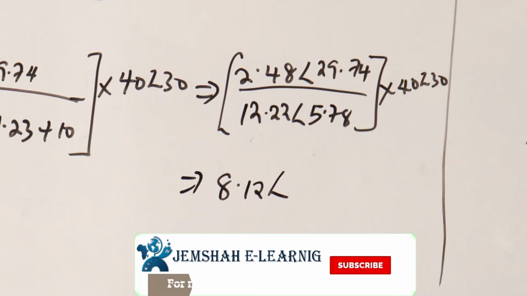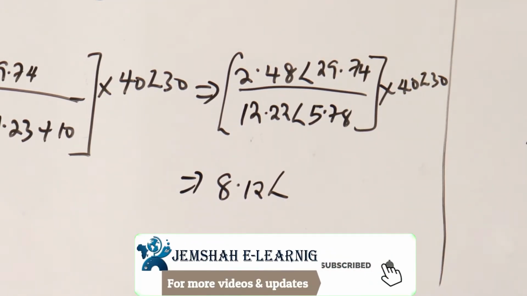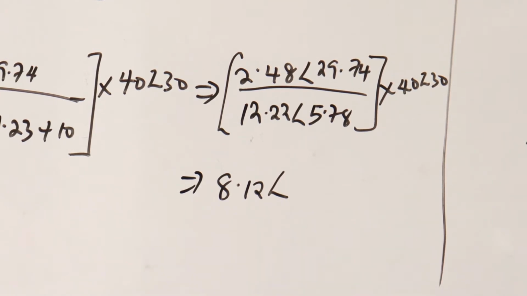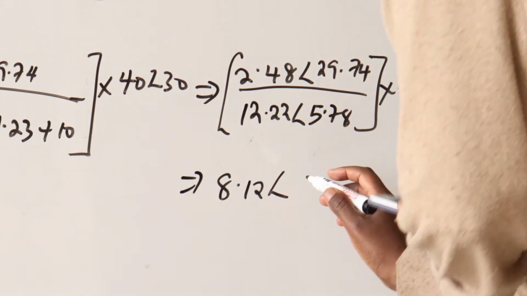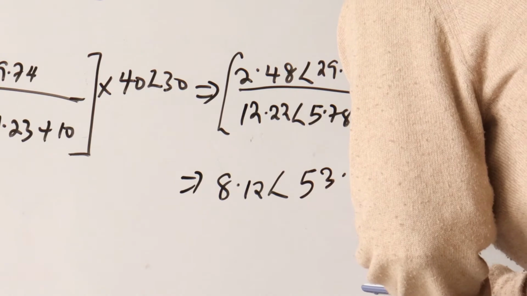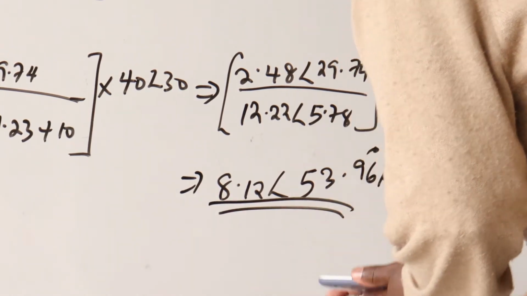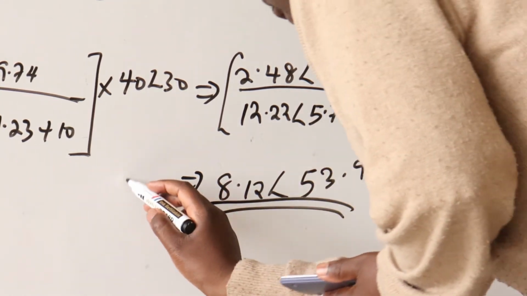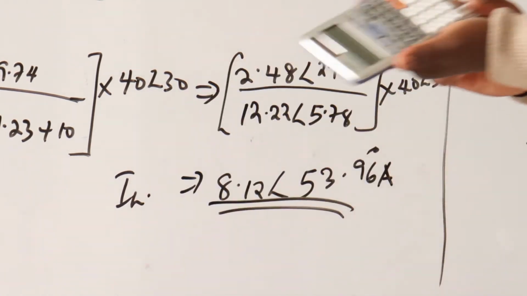The angle there is 29.74 plus 30 minus 5.78, which is 53.96 degrees. This is in amps. So that marks our load current, and that marks the end of that question.